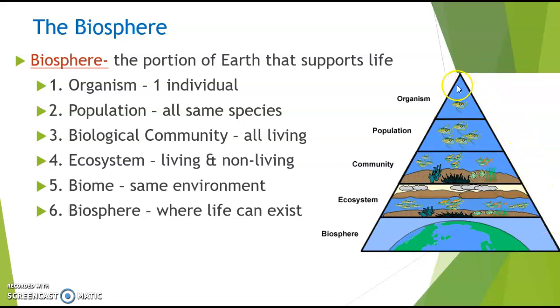So we're going to start at the top. Organism. We use the term organism to define one single individual organism. So it's one white-tailed deer. It is one muskie. It is one Asian beetle. What have you. It's just one single in one human being. Population is our next term.